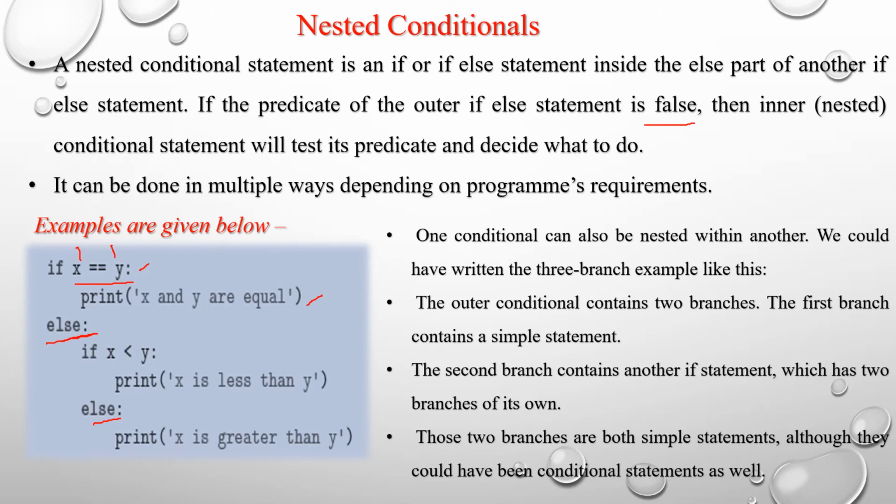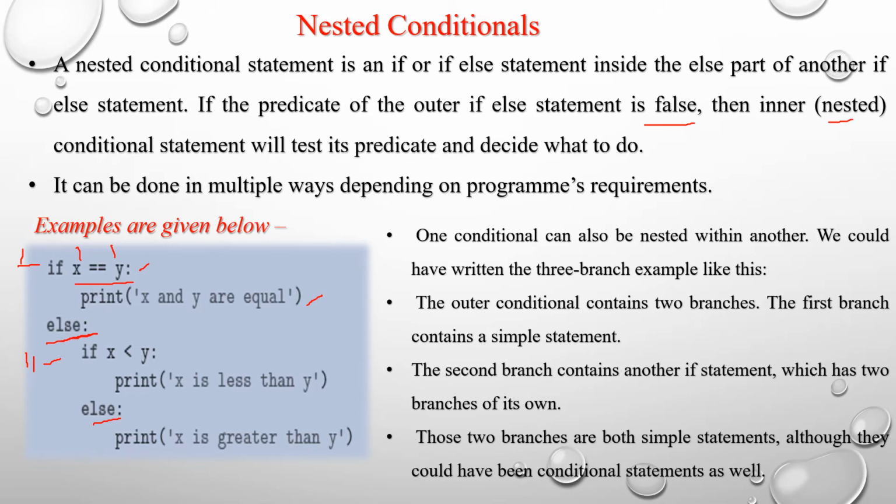So this is the first condition and this is the second condition. Within if and else we declare one more if condition. So this declaration we call an inner conditional statement or nested conditional statement.